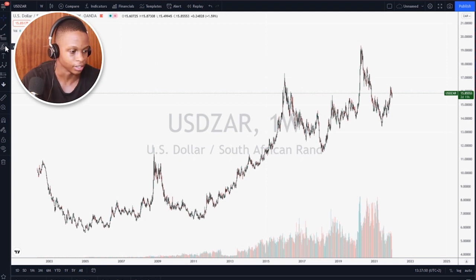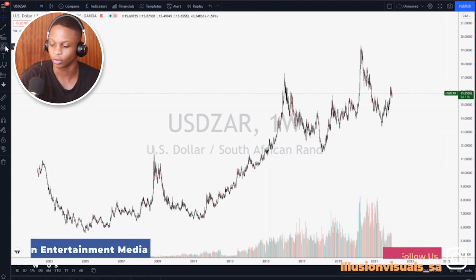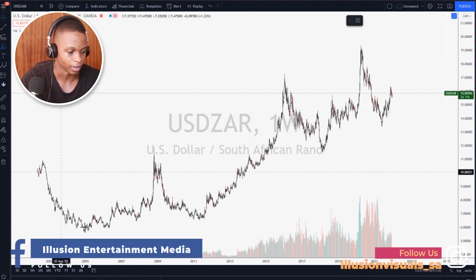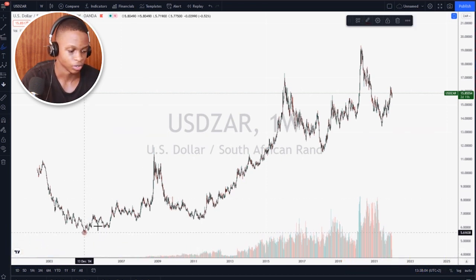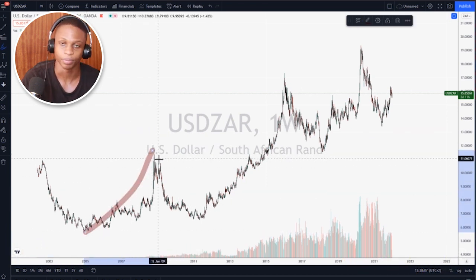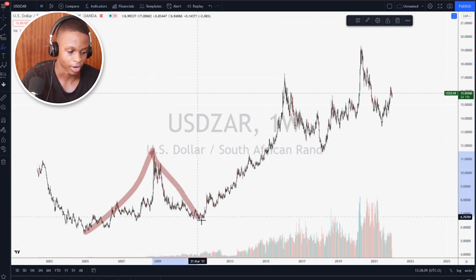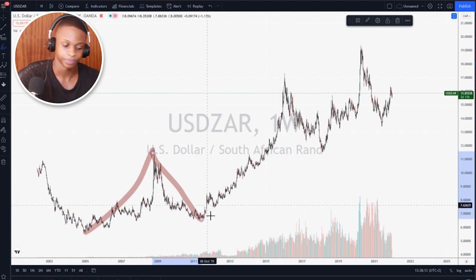I'm going to click my highlighter tool, and I'm just going to start outlining the market. I'm going to start from the greatest low ever to happen, moving from left to right. The first thing I see is an impulse up, followed by a correction down between 2009 and 2011.